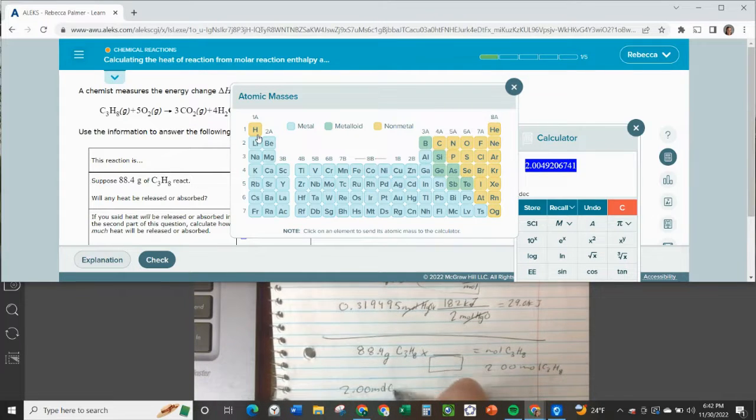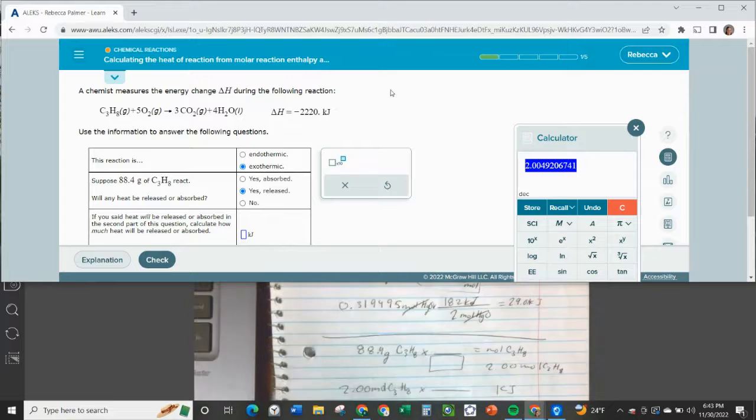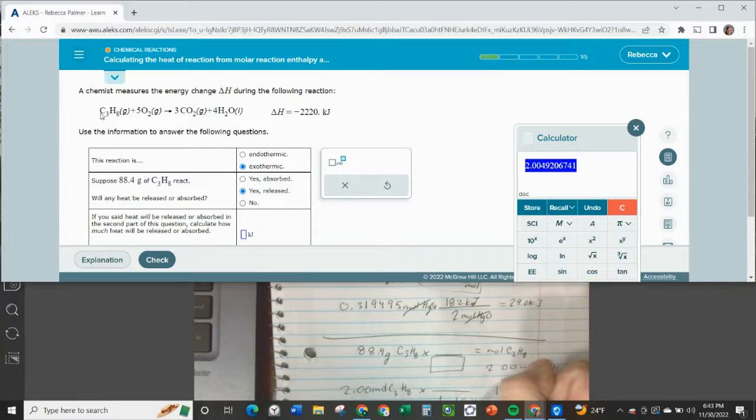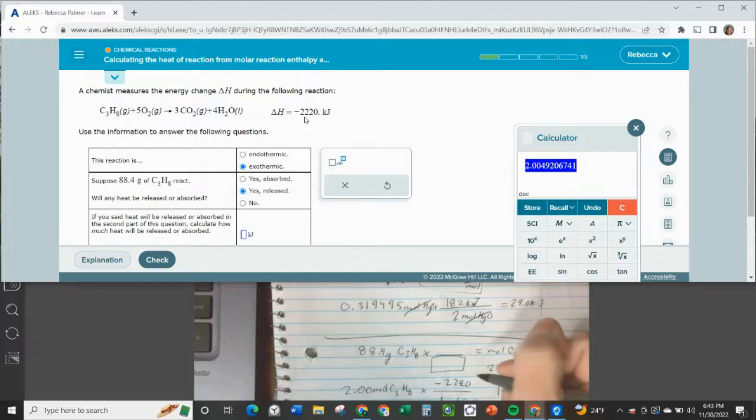I have 2 moles of C3H8, and I need to know how many kilojoules of energy this releases. So this is telling me for every 1 mole of C3H8, I have negative 2,220 kilojoules per mole.